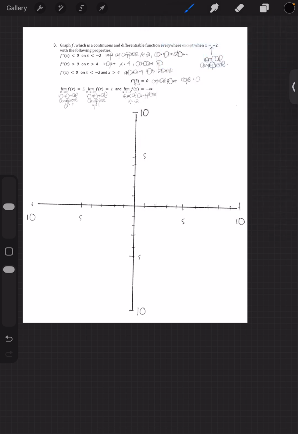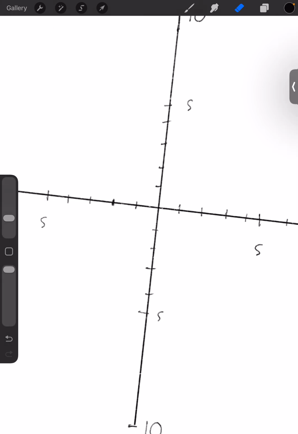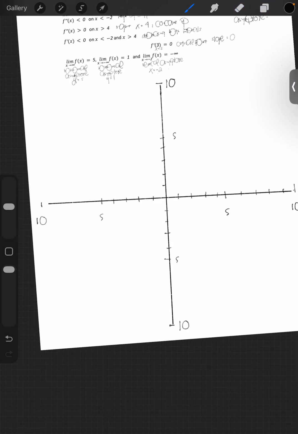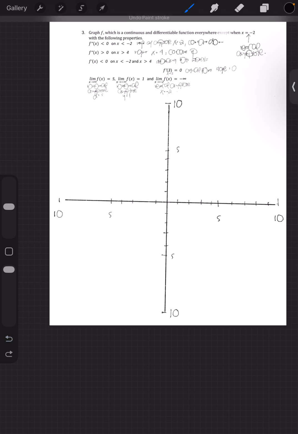We can start by graphing our vertical asymptote, x equal to -2. So it's gonna go here. I'm gonna move this over a little bit because I'm not really happy with the placement there. I'm gonna do it here. Okay.